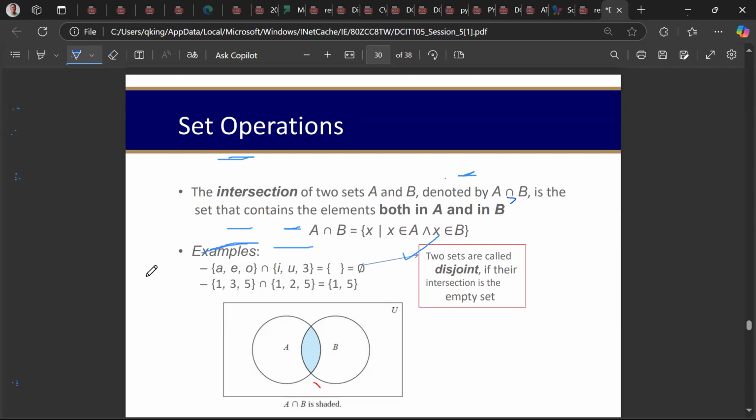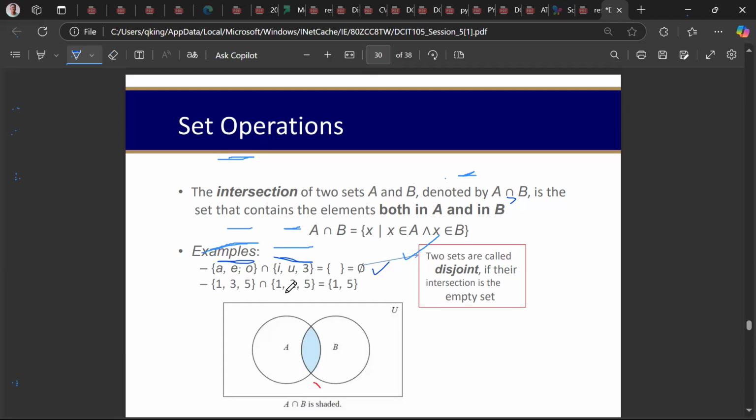And so what can be found in set A can also be found in set B. Let's look at the first example here: A, E, O, intersection I, U, 3. See, there is no element of set A that can be found in set B. And so the intersection of set A and set B is a null set or an empty set.